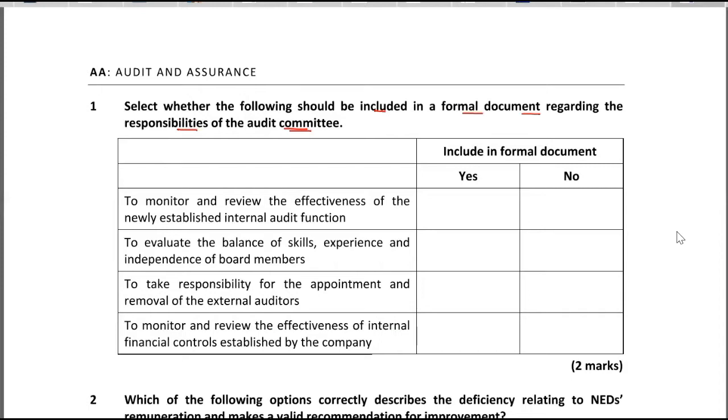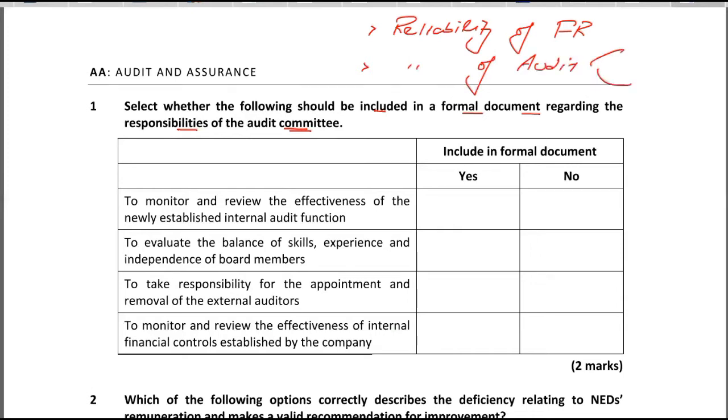Now, audit committee, do you remember? Their main objective was the integrity of financial reporting and integrity of the external auditing. That means anything which is related to the reliability of financial reporting, and anything which is related to the reliability of the audit.